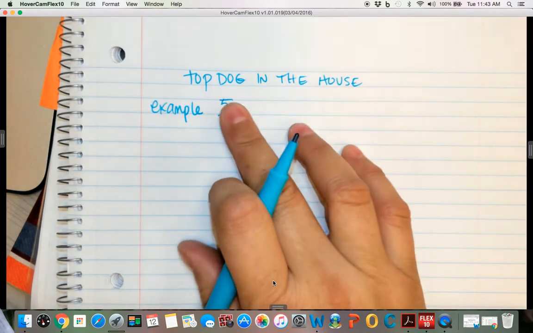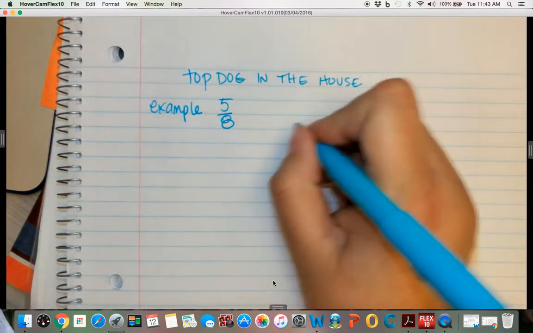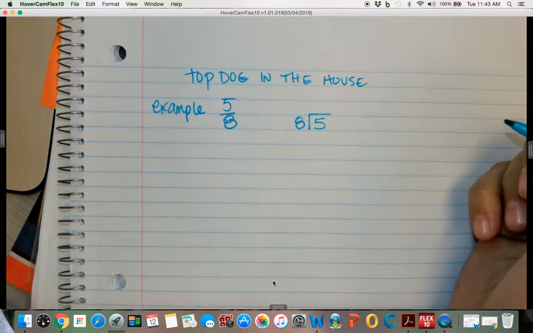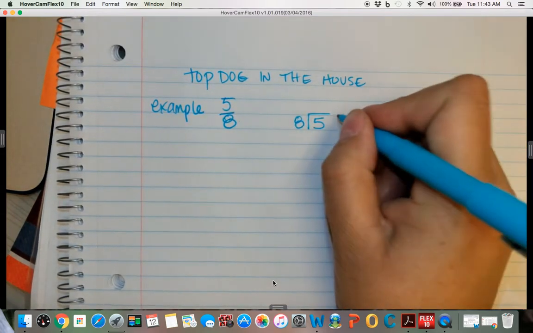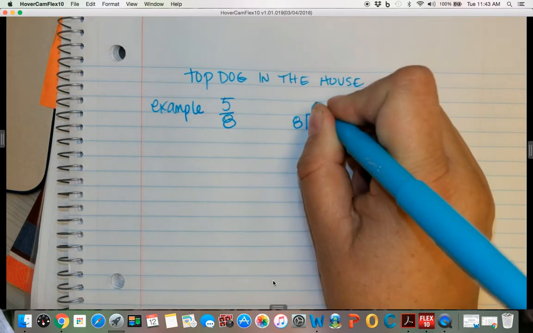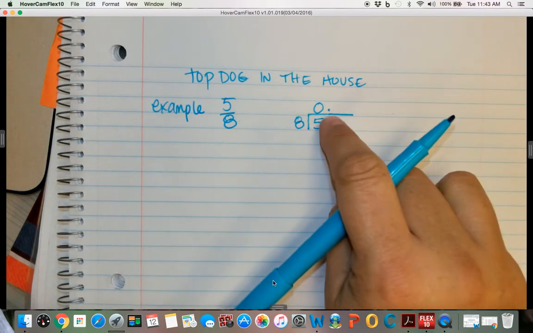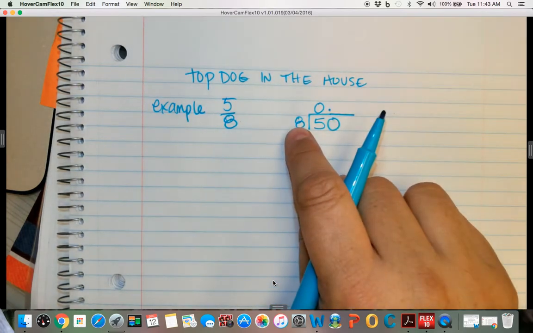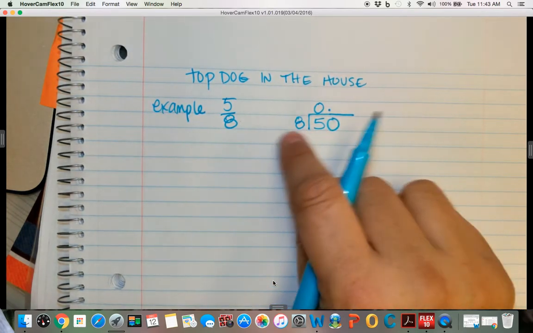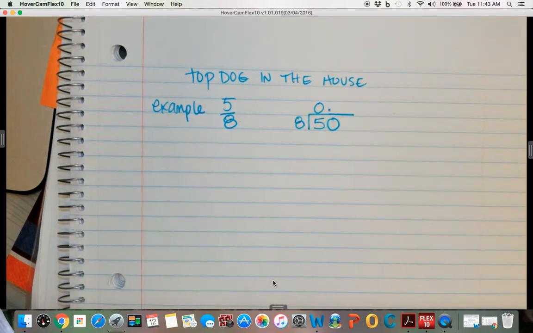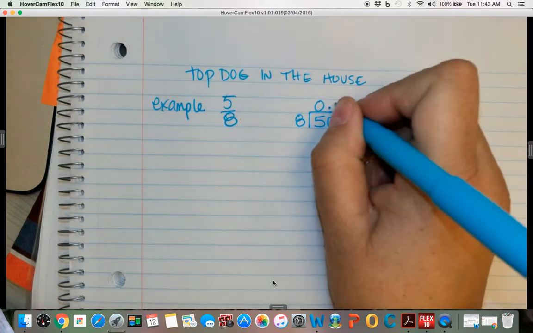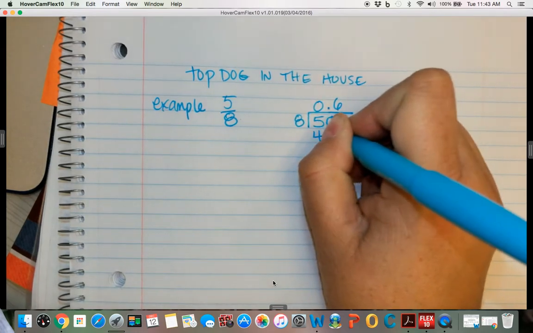So in order to do 5/8, I'm going to divide. 5 goes in the house, 8 goes on the outside. Obviously, 8 doesn't go into 5. So I have to put my 0 and put my decimal point and add a 0. Now I can continue. 8 into 50. 8 goes into 50 how many times? 6. 6 times 8 is 48.